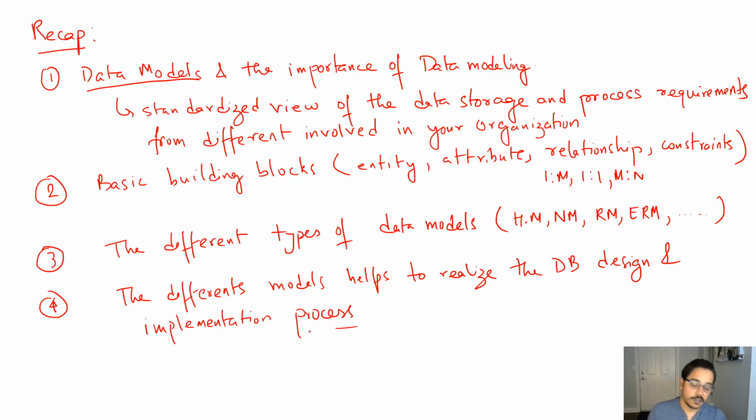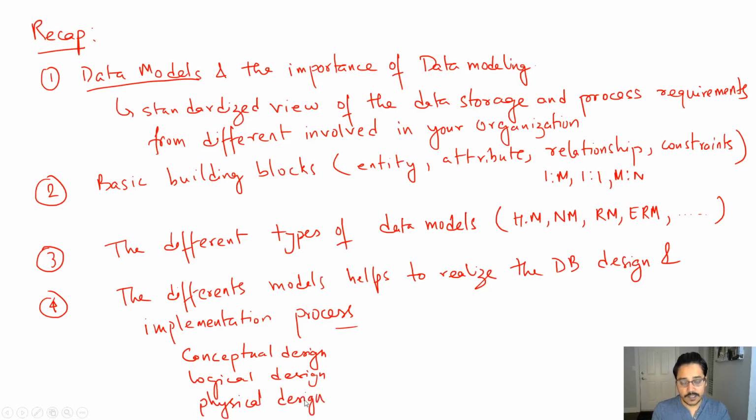If you remember, the design and implementation process, as discussed in the earlier videos, can be encapsulated by 3 design steps, right? So one, you had the conceptual design, then you had the logical design, and then you had the physical design.